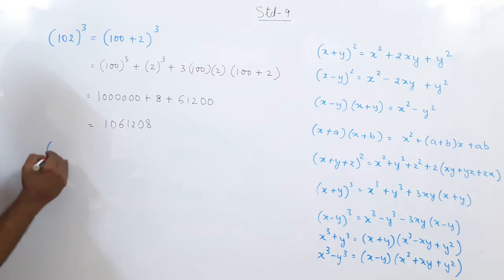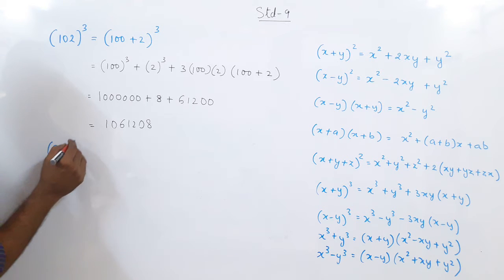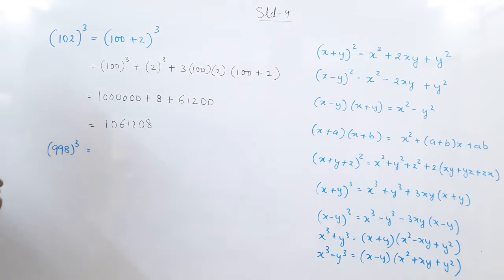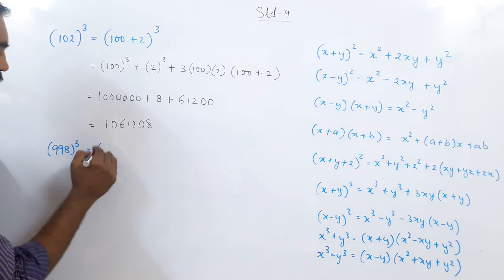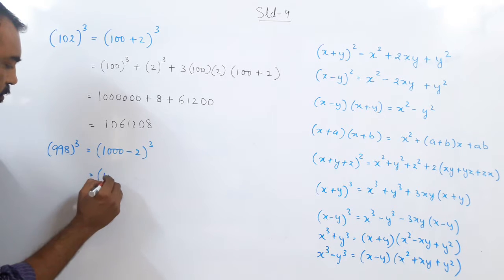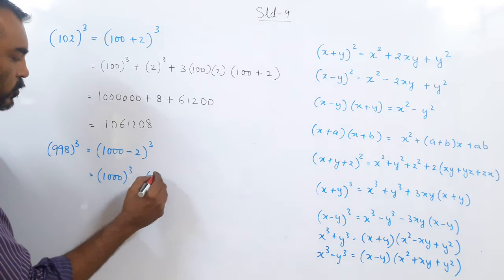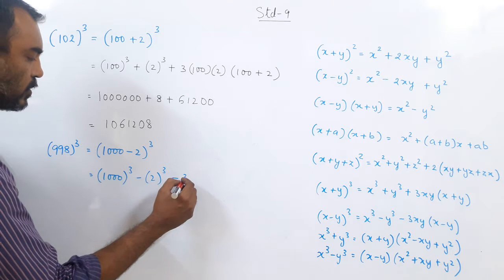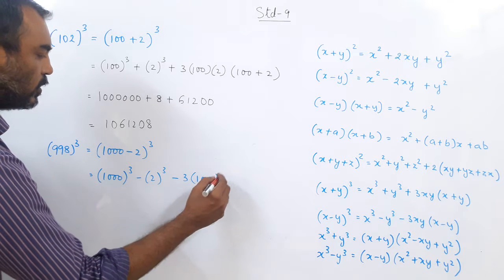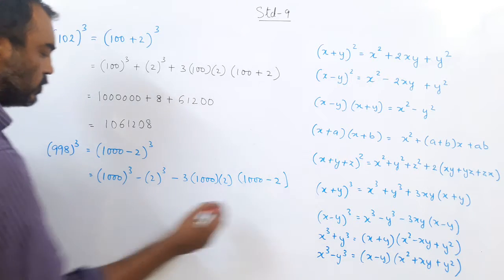Similarly, suppose I do 998 the whole cube. Now 998 is written as what? Easy to write, 1000 minus 2 the whole cube. That is 1000 cube minus 2 cube minus 3 into 1000 into 2 into 1000 minus 2.